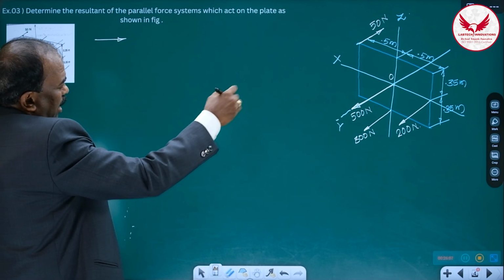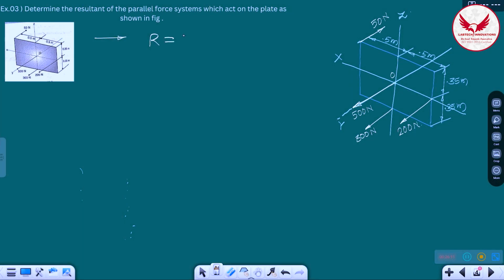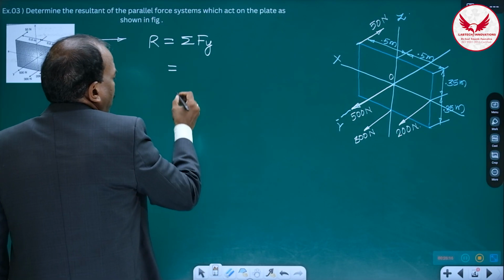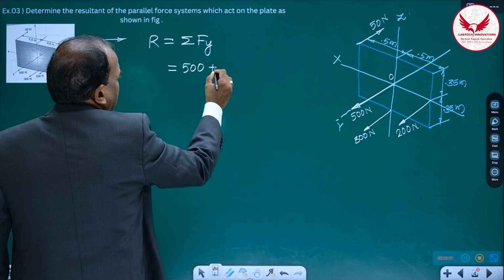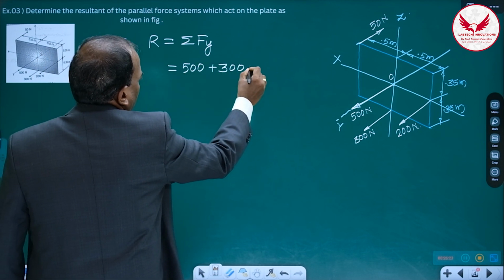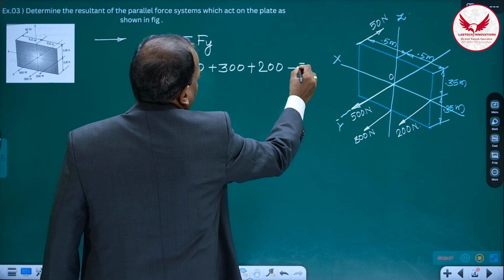All these forces are parallel to y-axis. Means R is going to be summation Fy once again. Then see, 500 is towards positive y, 500 plus 300 towards positive plus 200 minus 50.